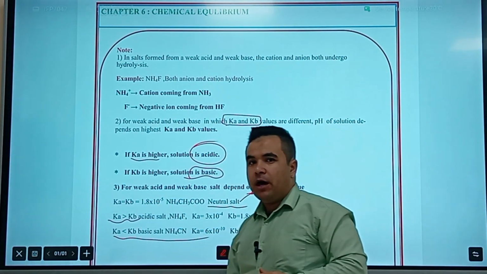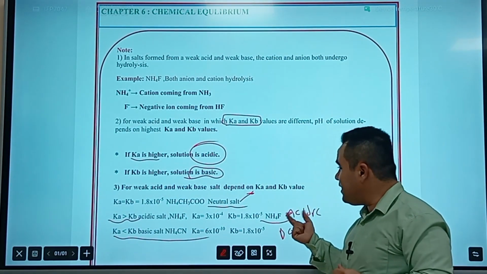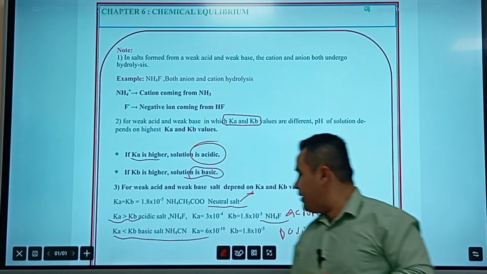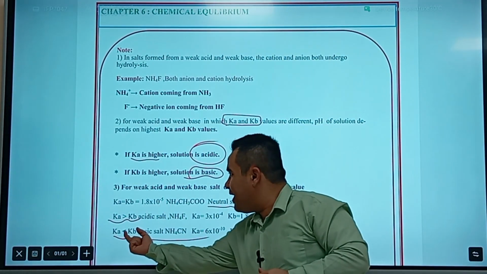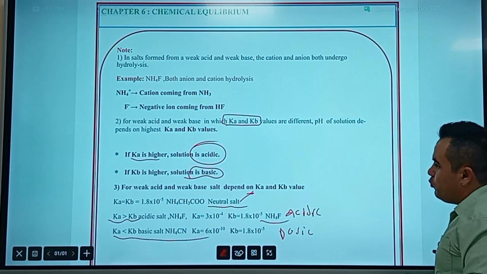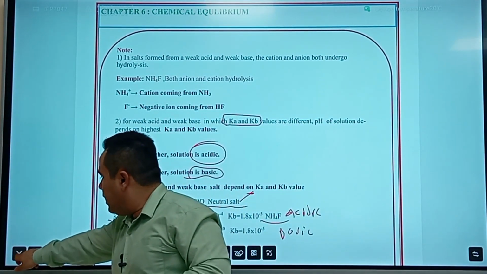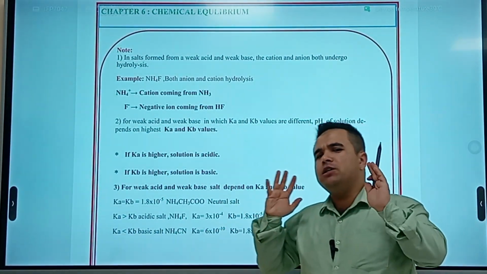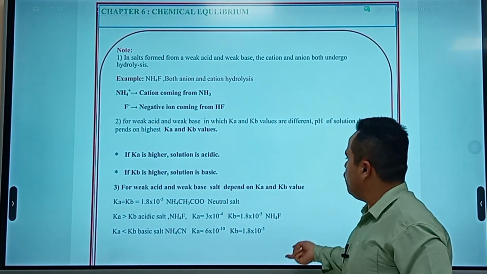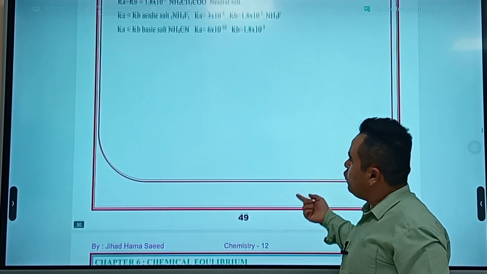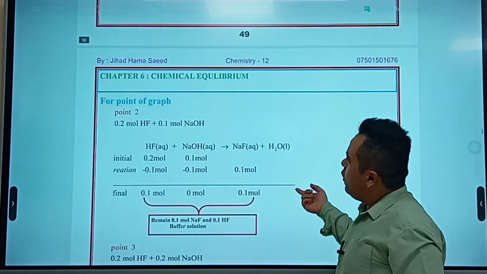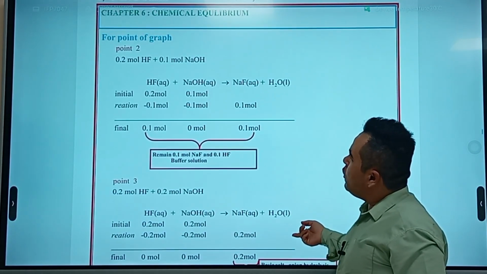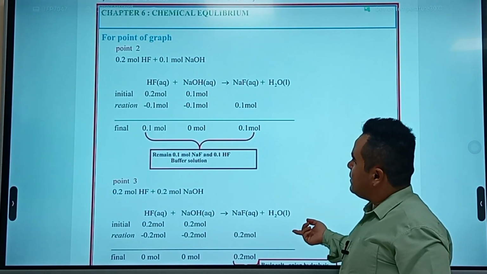Neutral when Ka and Kb are equal. Acidic when Ka is higher than Kb. Basic when Ka is lower than Kb. But in all of these cases, both ions hydrolyze. It does not affect the hydrolysis, to say only cation or anion hydrolysis, guys.